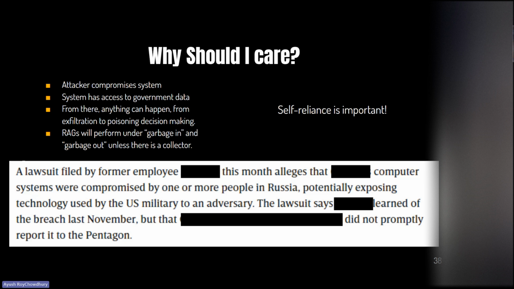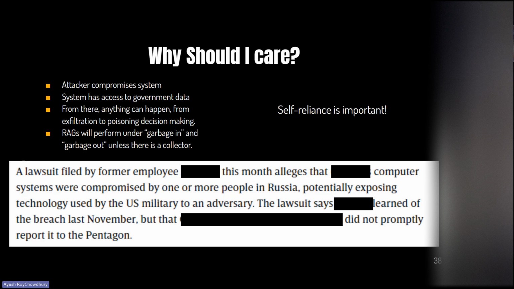Because what actually happened, and we've cut out the names of the company because we don't want to insult any particular company or push forward any particular company, but an example has already happened where a former employee filed a lawsuit against their company alleging that the AI service being provided by that company was actually breached by Russia.